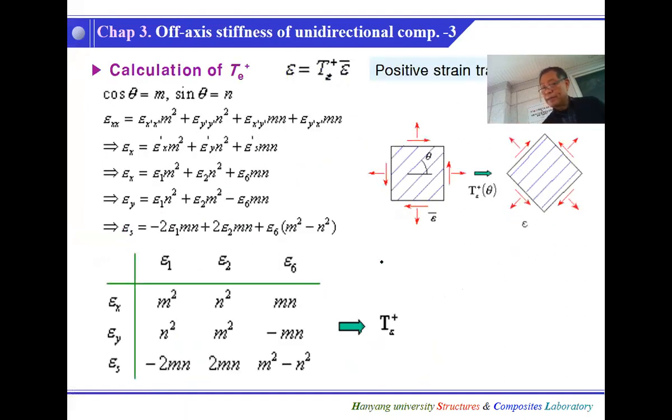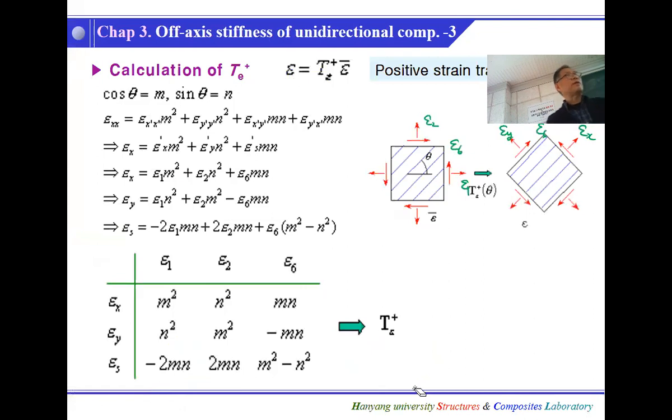And strain and stress, the Mohr circle and transformations. Simply, this is a given: epsilon 1, epsilon 2, and this is epsilon 6. And these are strain. How much is the strain on-axis? Okay, so this is, again, the strain transformation.